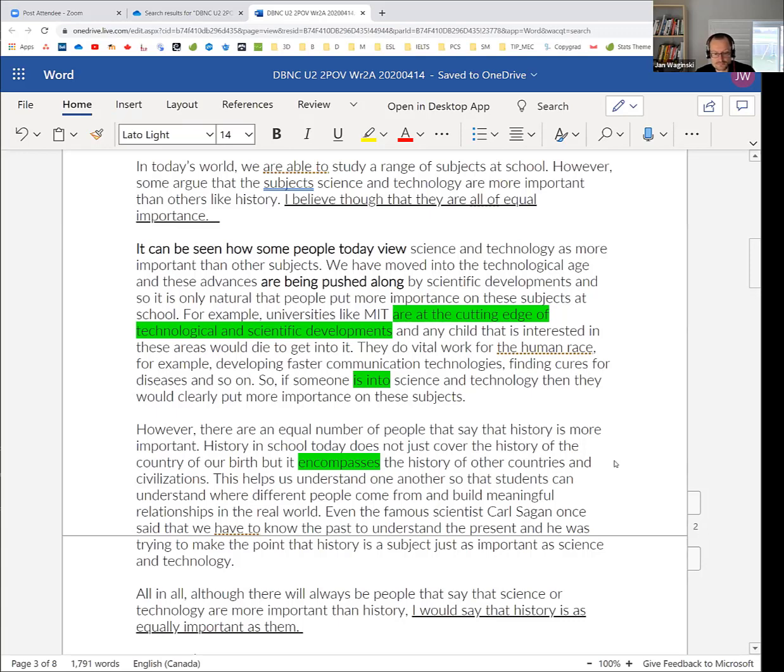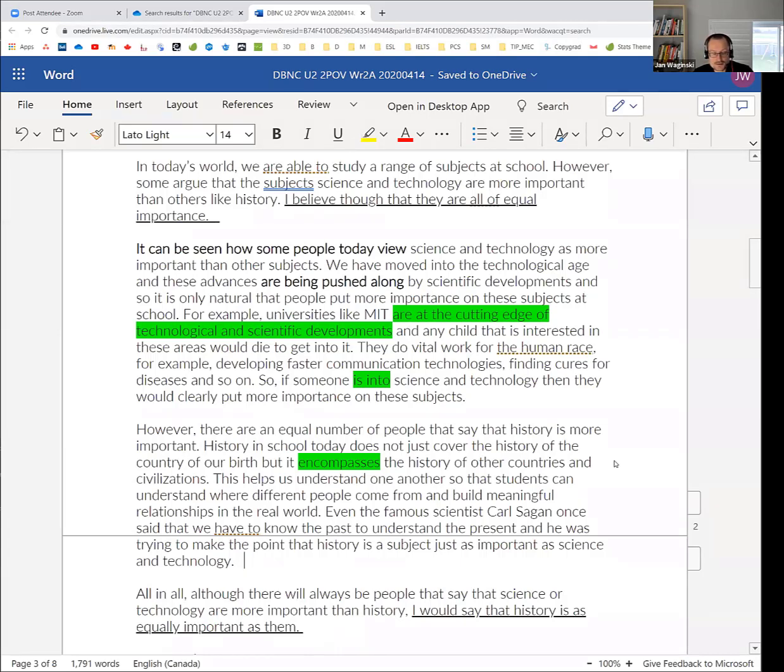This happens to be a writing examiner. Okay, so you can do this. It's perhaps not as explicit as I would suggest, but you can do this kind of thing, right? Because your position is clear throughout. You've stated it at the beginning, it's stated at the end. I know what position it is. I know you're saying that both are equally important.